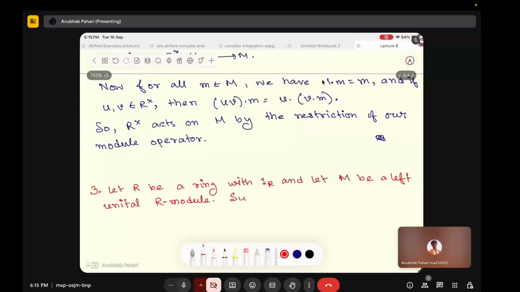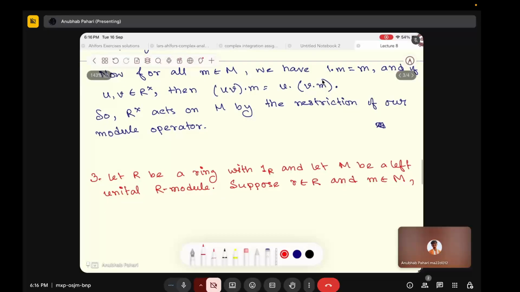Suppose small r belongs to capital R and small m belongs to capital M with m not equal to 0, such that r dot m equals 0.